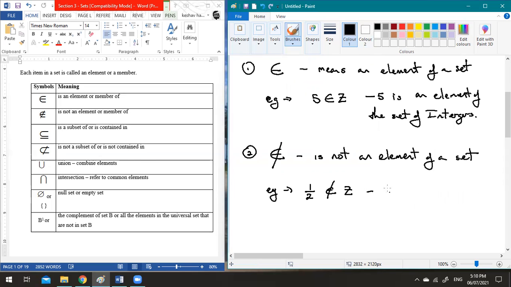So this will be read as a half is not an element of the set of integers.